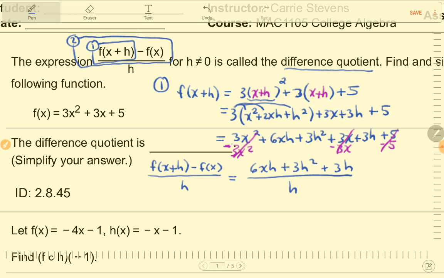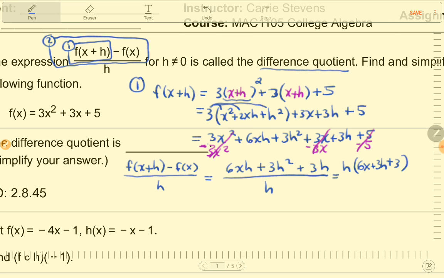Right? So another way of looking at the top, you could factor out an h, like reverse distribution. So I'm going to factor out h, and then I'll have 6x plus 3h plus 3, all over h.